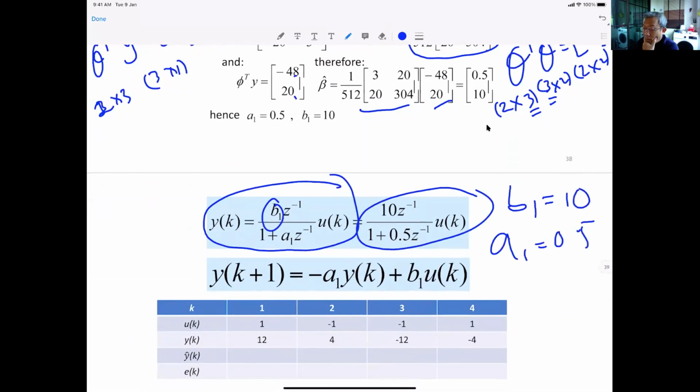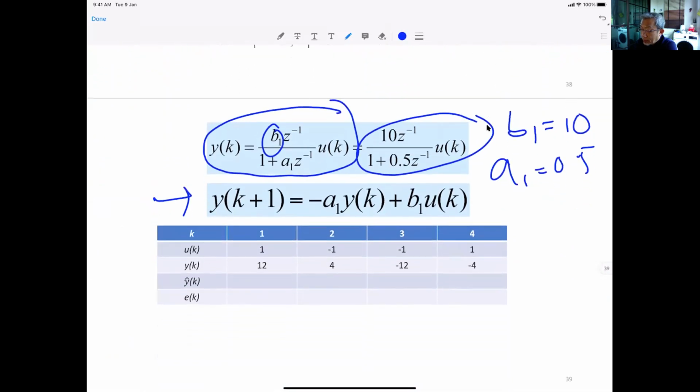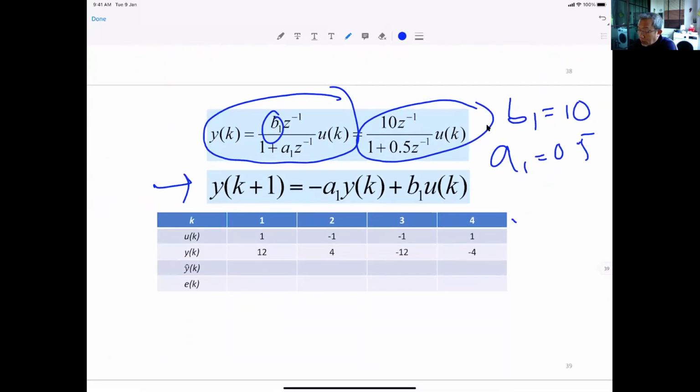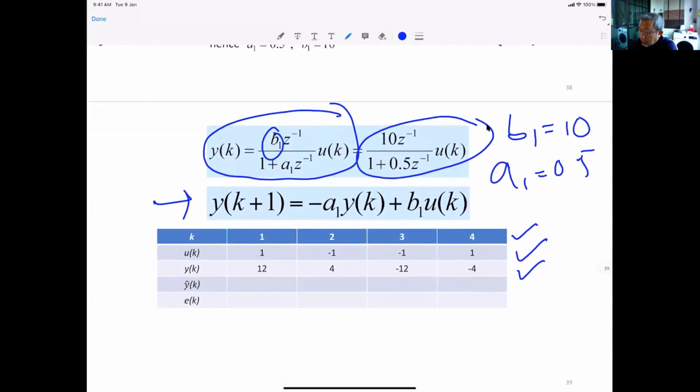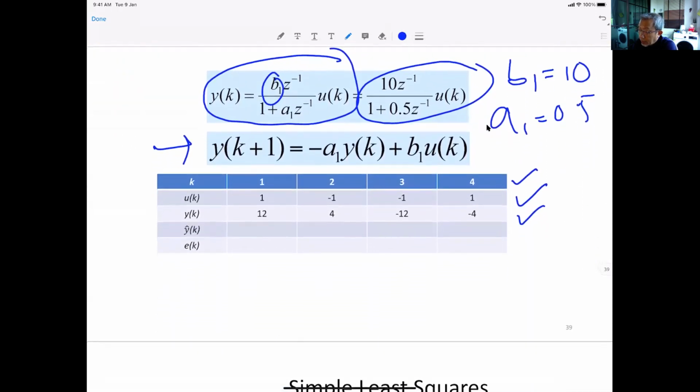Using the difference equation, which is shown as previously, we know the sequence is 1, 2, 3, 4, and the input is u and the output is y. So the estimated output uses the answer that we get, which is 10 and 0.5.